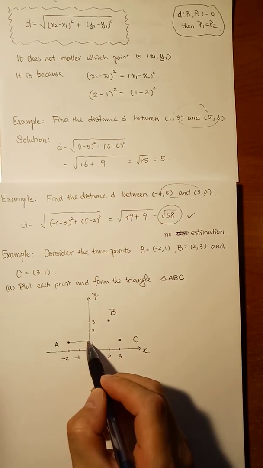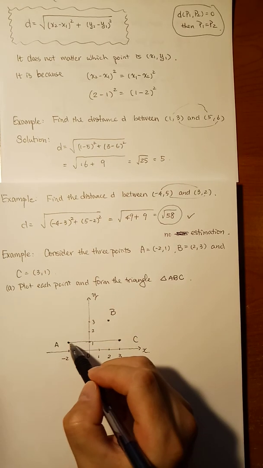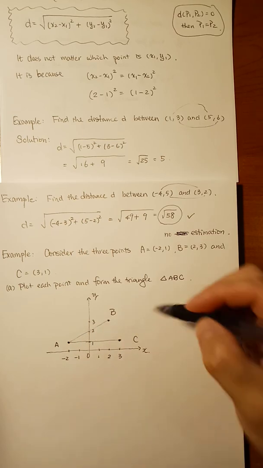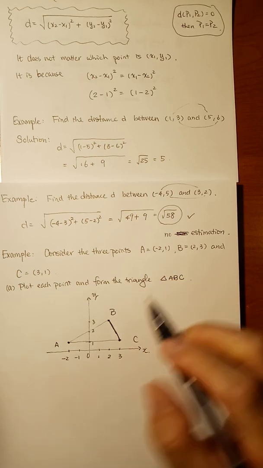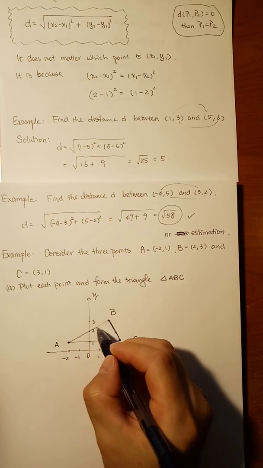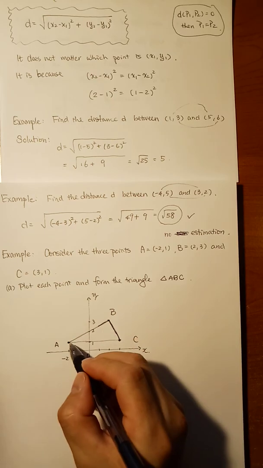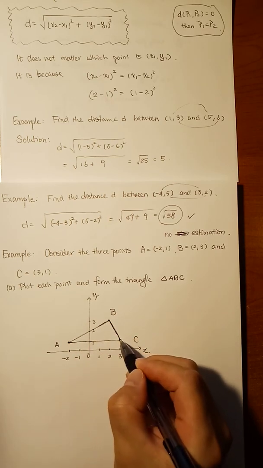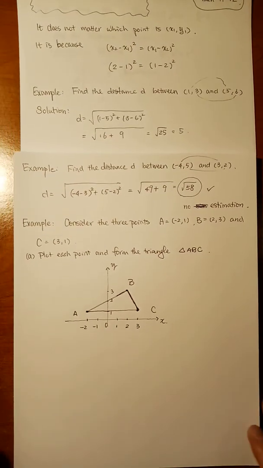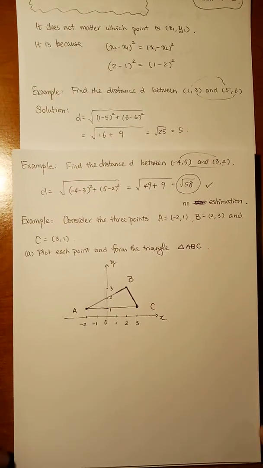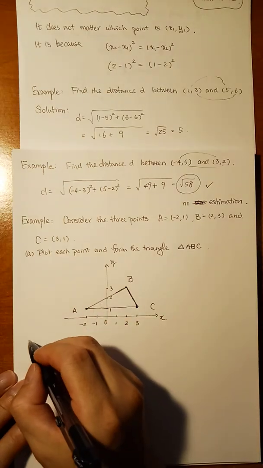Form the triangle means we just connect those points. It's very possible we have a right triangle, but so far we don't know. We just have 3 points and then connect them. You have no idea what triangle they form. Okay, so that's part A.